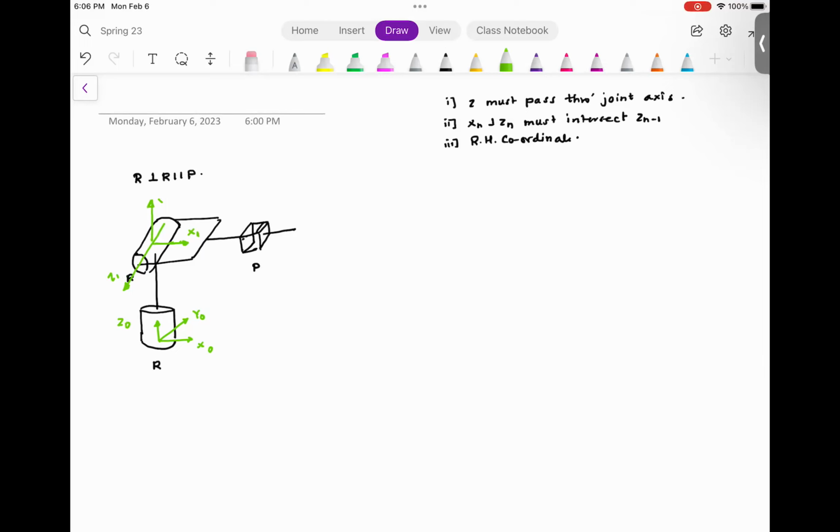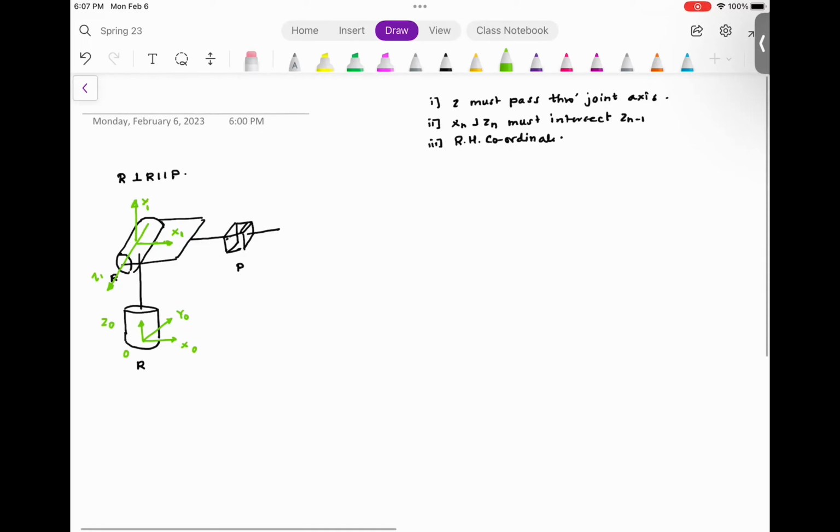So now you can see X1 intersects with Z1 and it is perpendicular to Z1, and X1 intersects with Z0. Let's complete the triad. You have X, Z, and now this gives me Y1. Now, these two frames I don't have a problem with. This is frame 0, this is frame 1.